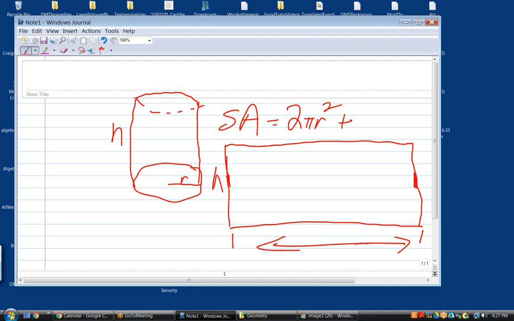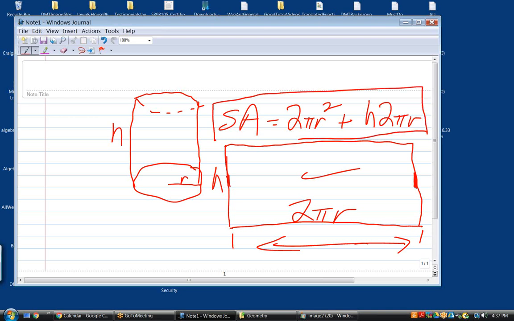Okay, so kind of like the perimeter. Exactly, and that's 2 pi r. Okay, that's what circumference is. So the surface area of that label is h times 2 pi r. So there's the formula for surface area of a right cylinder.